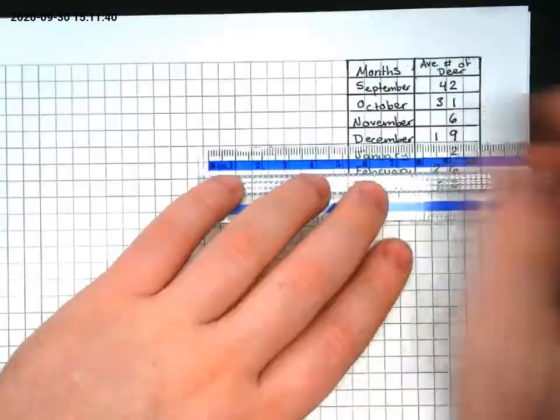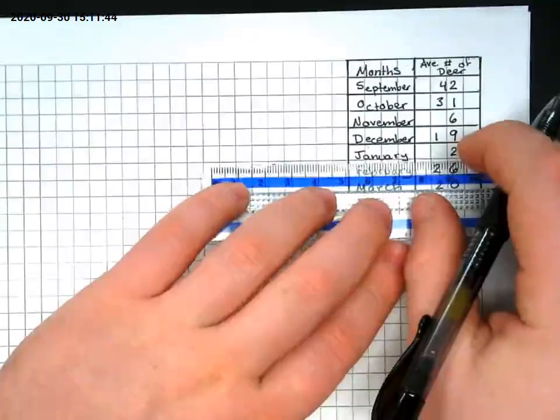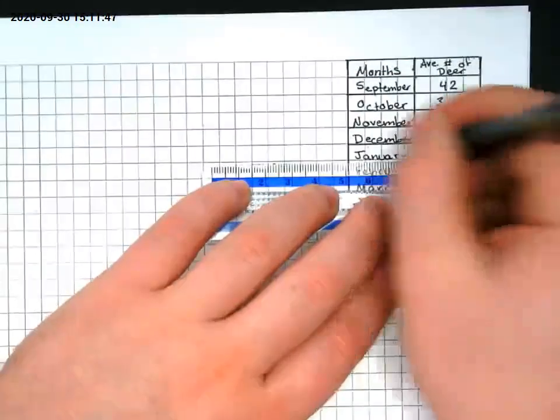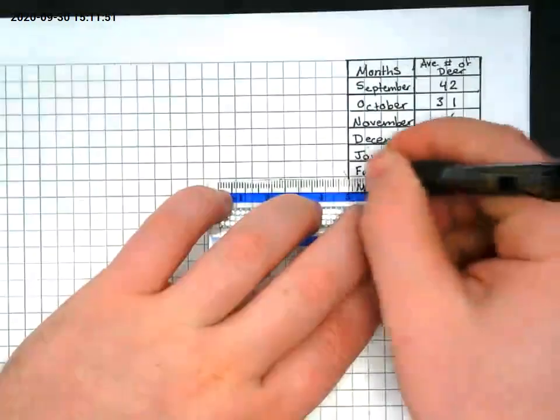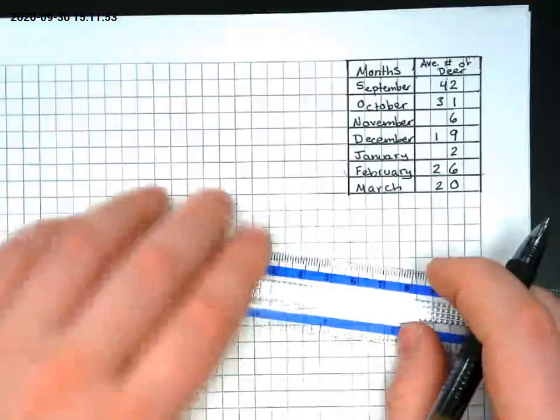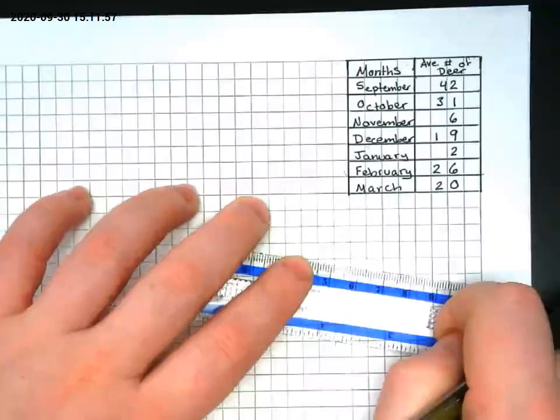Oh, where's my pen line there? All right, just one more. Nice. All right, and then the last thing we need to put on our data table here is to now put our title.